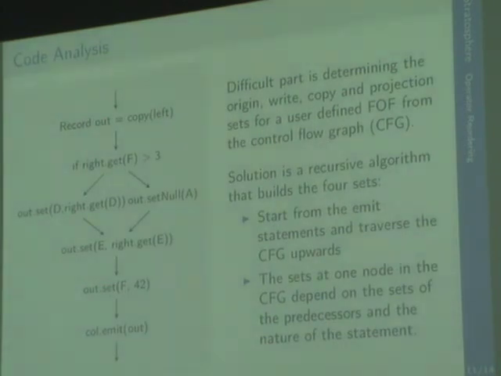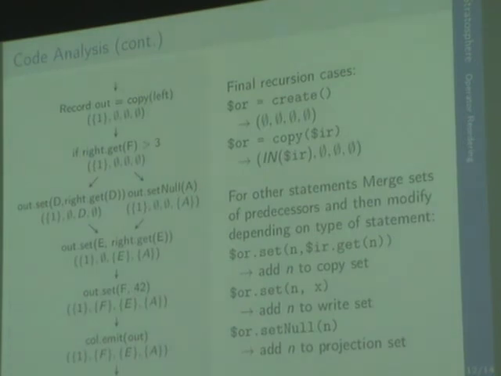These sets depend on the nature of the statement that we're looking at, and the sets coming from the statements higher up the control flow graph. So I'm going to show this in the next slide. Here, for each statement, the sets are shown, and since this is recursive, we start here, go all the way up, and then from there the recursion unrolls again.